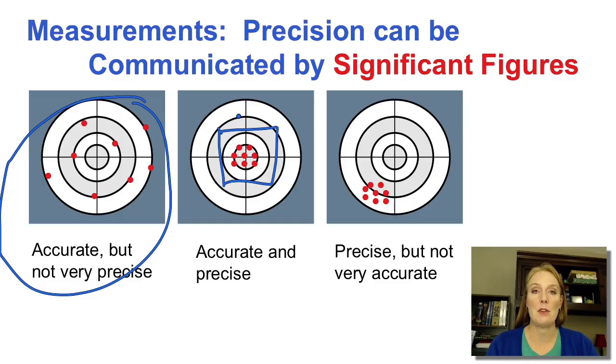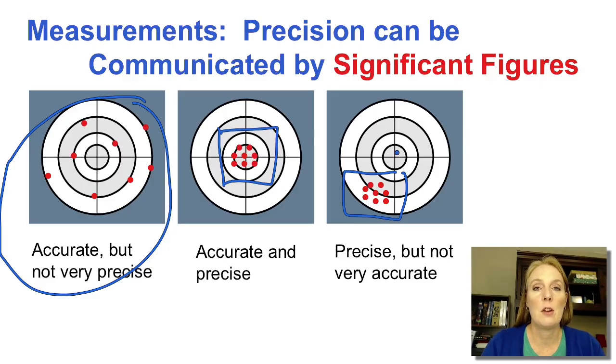Those can happen if you're measuring with an instrument that isn't measuring exactly the right length. Perhaps you don't have a good calibration, or maybe you have a meter stick that is missing a couple of centimeters. That would give you always the same value, but those values would not be accurate, and that's dangerous.